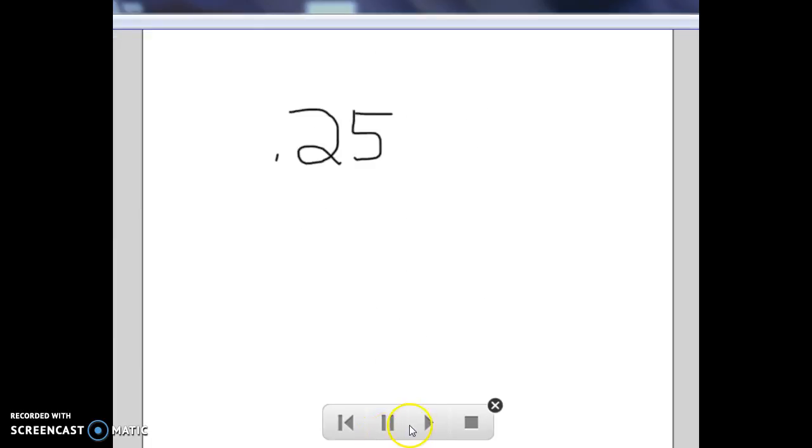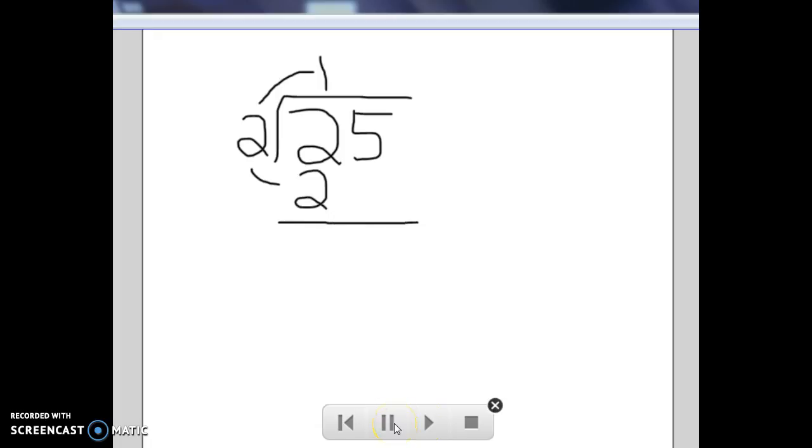Alright, our next problem is going to be 25 divided by 2. So what you want to do is start off thinking, how many times does 2 go into 2? Well, we know that 1 times 2 is 2. We write our 2 right there, and we subtract. 2 minus 2 is 0. Now bring down your 5, and we're now going to start looking at 5 divided by 2.